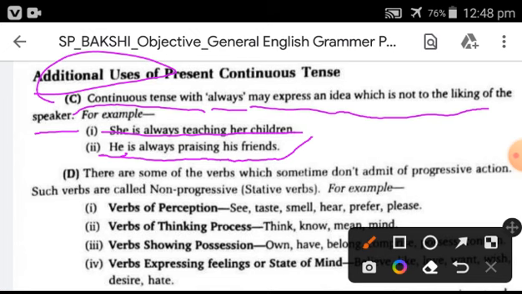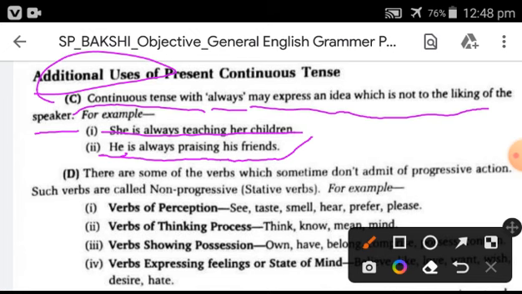She is always praising his friend, or you can also say he is praising his friend. Means you don't like his praising all the time, but he starts praising and praising and praising his or her friend. Then you can say to that person, yeah, you are always praising your friends. Stop this. And this is to make it easy.